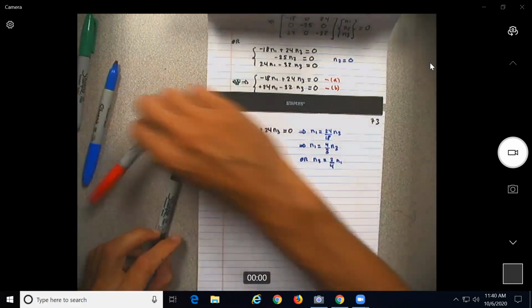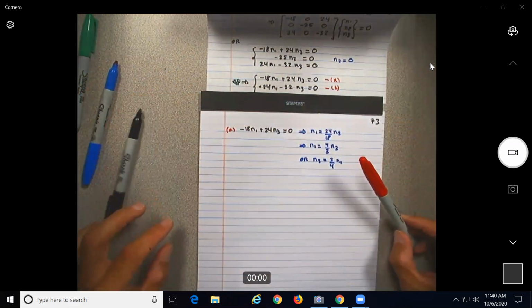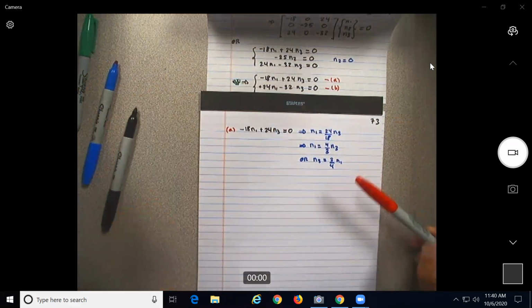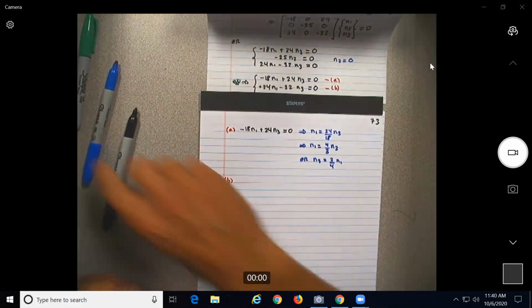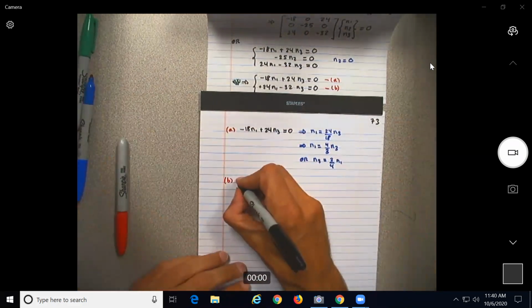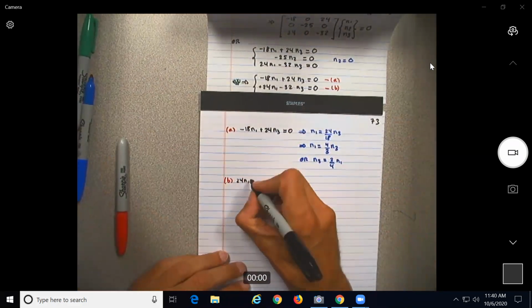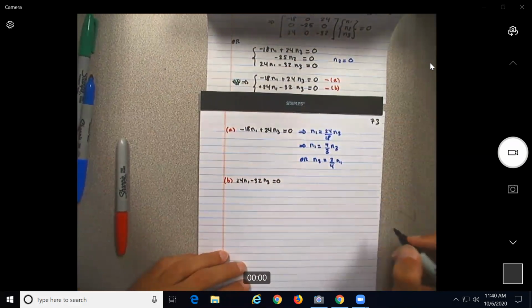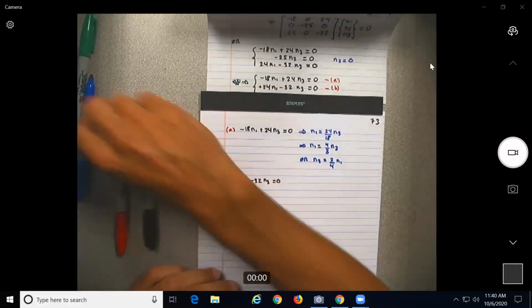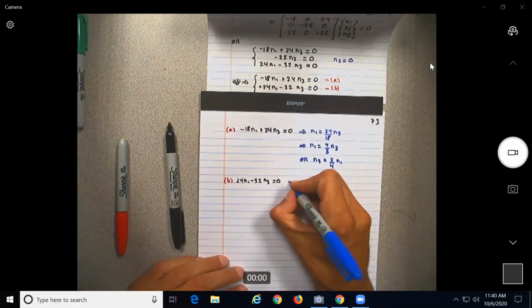Okay, and the second equation will give us the same thing, but divided by 8, no? So let's do it. You'll get 24 n1 minus 32 n3 equal to 0, which is basically the same equation.